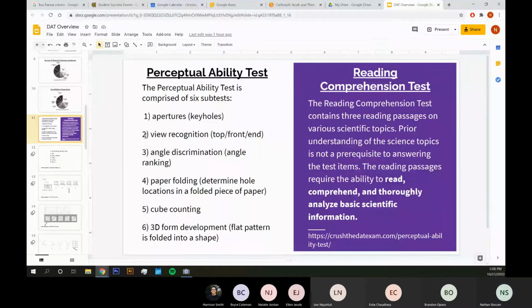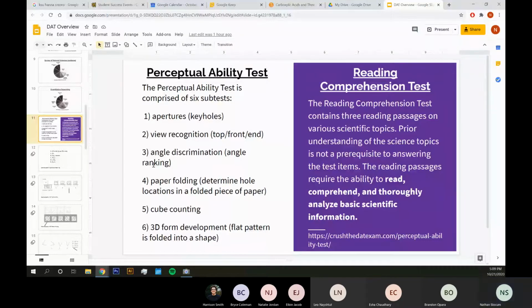So view recognition. You look at an object from an angle and then have to predict how it would look from another angle. Angle discrimination is where you basically see 4 angles, like 15 degrees, 17 degrees, 20 degrees, and 13 degrees, and you have to put them in order.